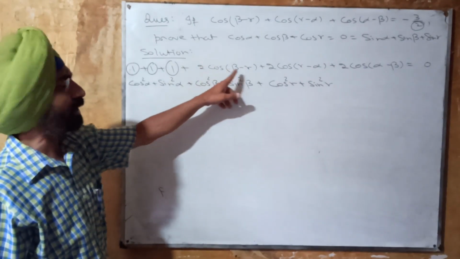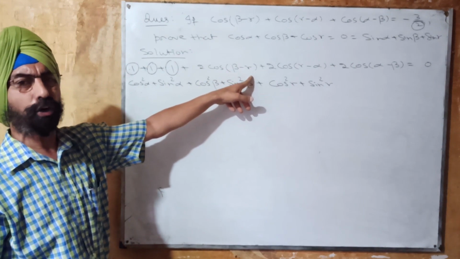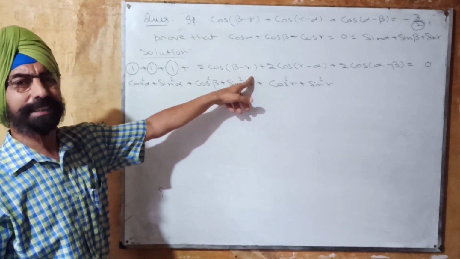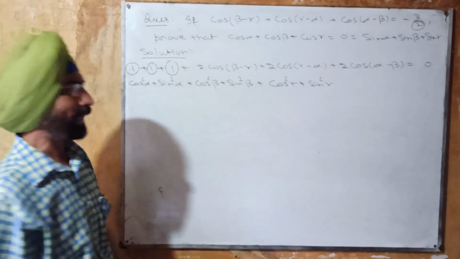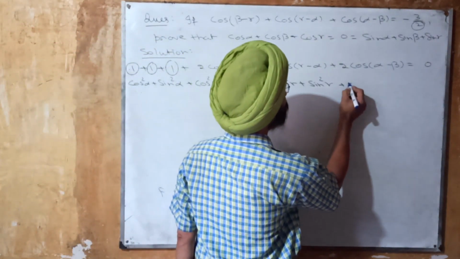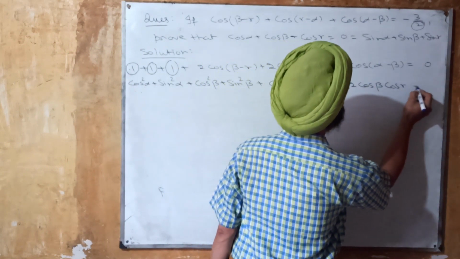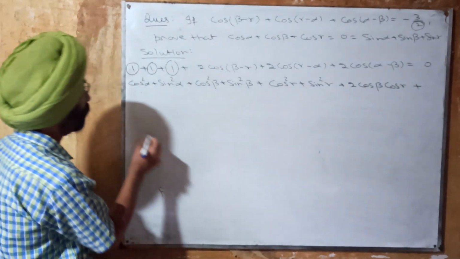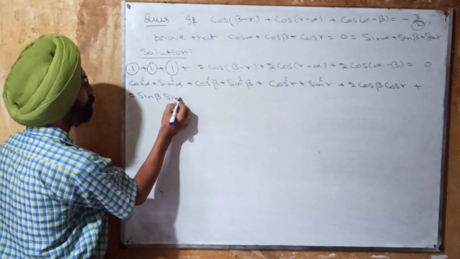Now, this cos(beta minus gamma), we know that cos(beta minus gamma) is cos beta cos gamma plus sin beta sin gamma, and it is multiplied by 2, so both the terms will be twice. So what you will get? Plus 2 cos beta cos gamma plus 2 sin beta sin gamma.